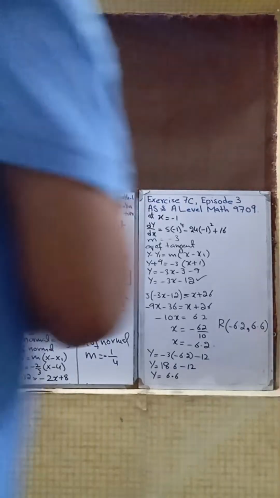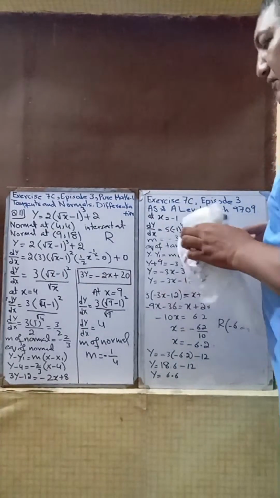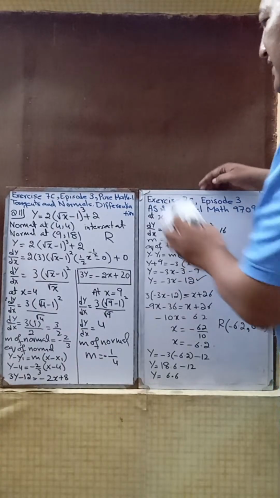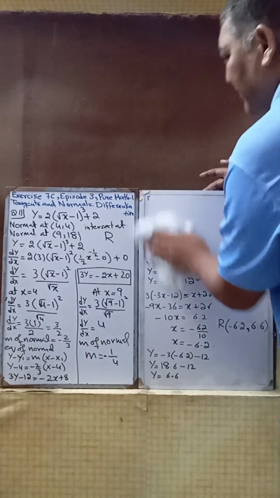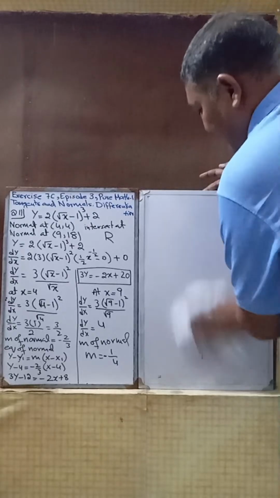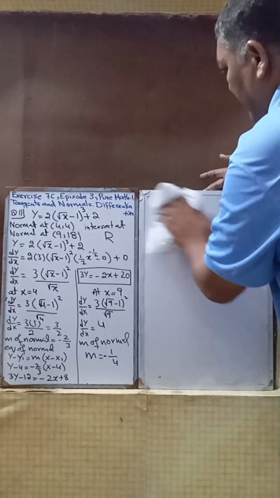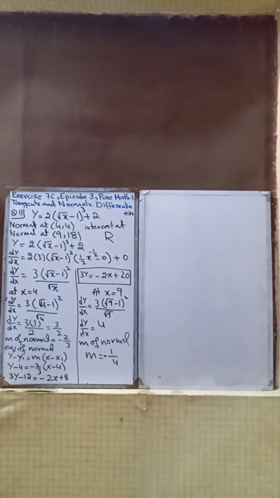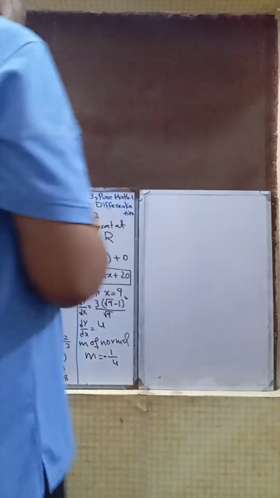So now what we will do, we will find the equation of the normal at the point 9, 18, and then we will solve them simultaneously.